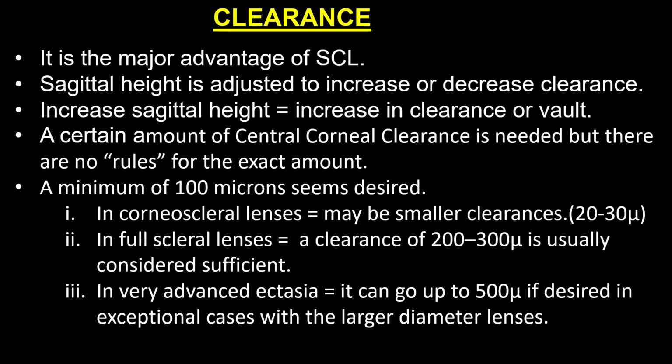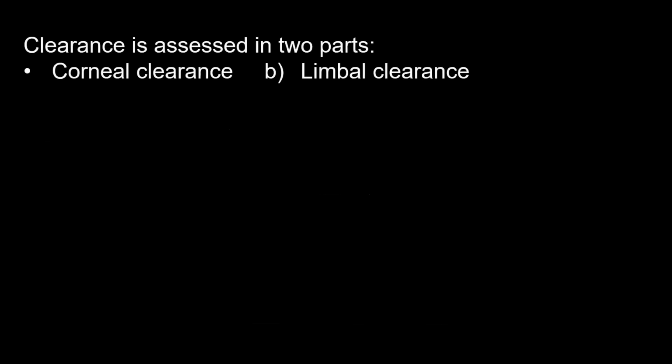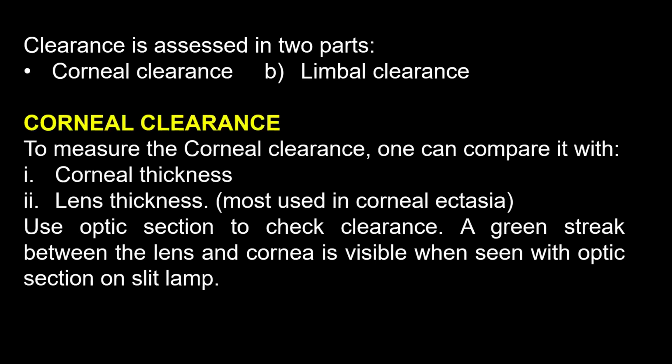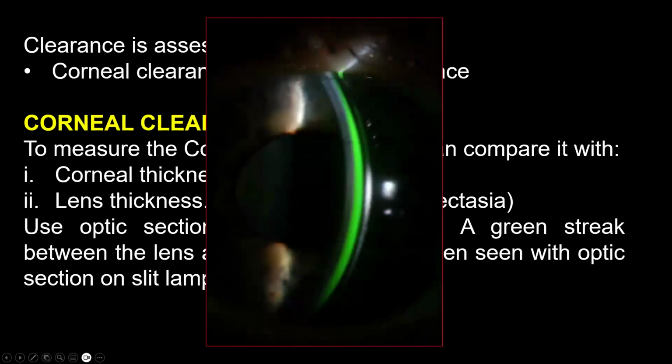We'll see it in the course of this presentation, in the assessment of fit for the lens. So you have limbal clearance. The limbal clearance has to do with how much space we have from the limbus to the lens itself. For corneal clearance, what space do you have from the cornea to the lens itself? So that's, in simple terms, what they represent.